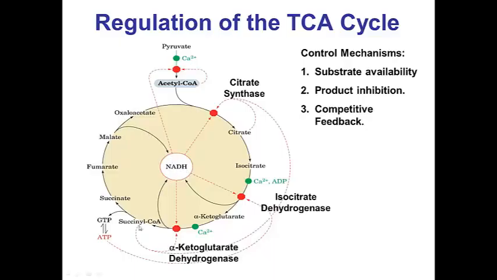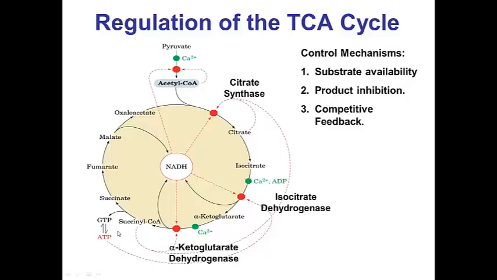One more inactivator, like NADH, is ATP, which tends to inactivate alpha-ketoglutarate dehydrogenase, isocitrate dehydrogenase, and citrate synthase. All three of these enzymes are inactivated because this is a sensor that the cell is high on energy.